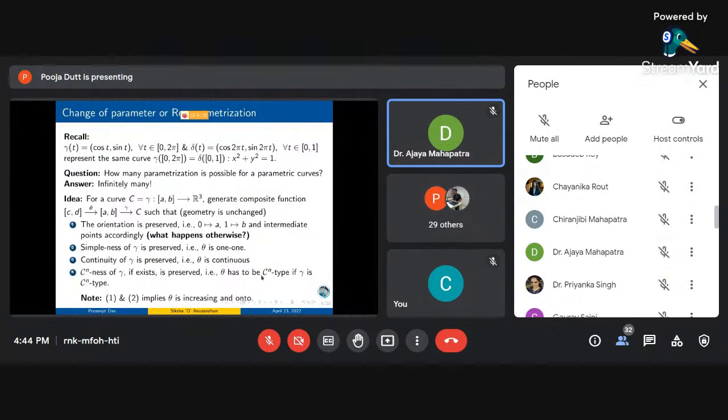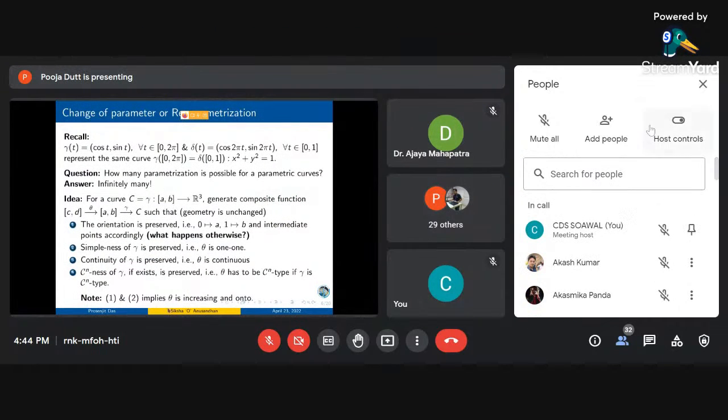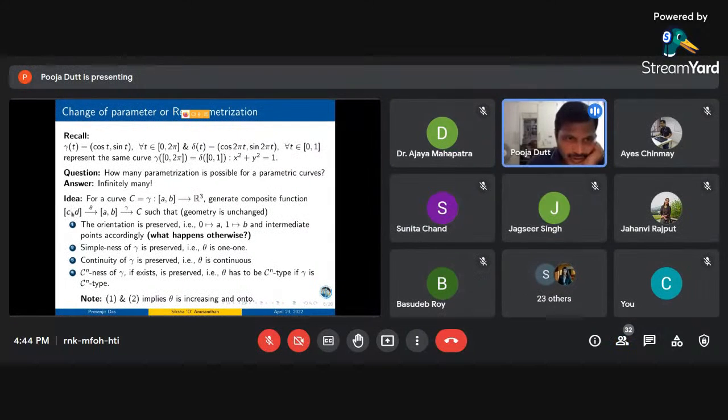So that's the plan: you generate a function theta where the interval CD goes to the interval AB, and then the rest is taken care of by the given function gamma, such that the orientation is preserved. This we have to ensure. How it is ensured is that 0 goes to A, 1 goes to B, and intermediate points also go accordingly.